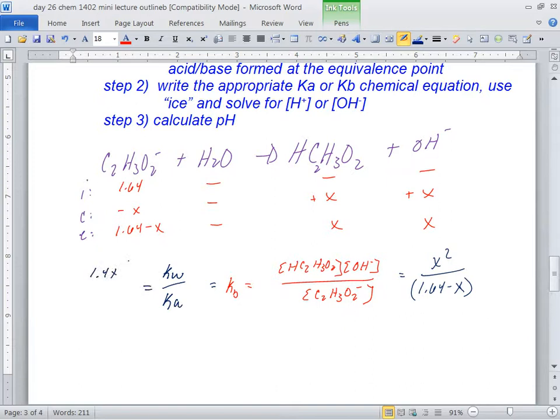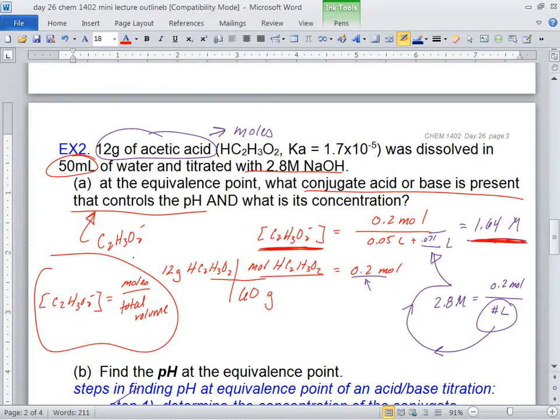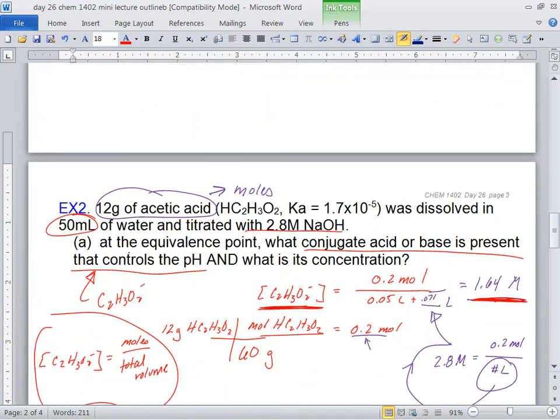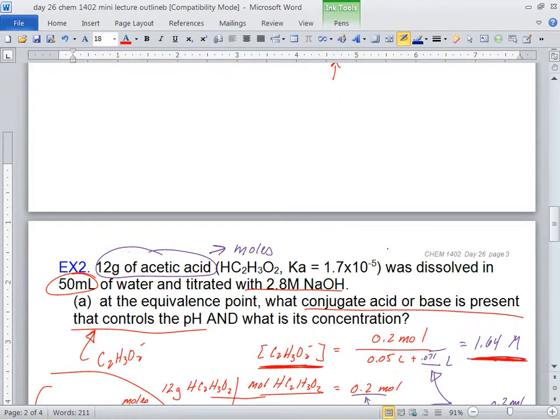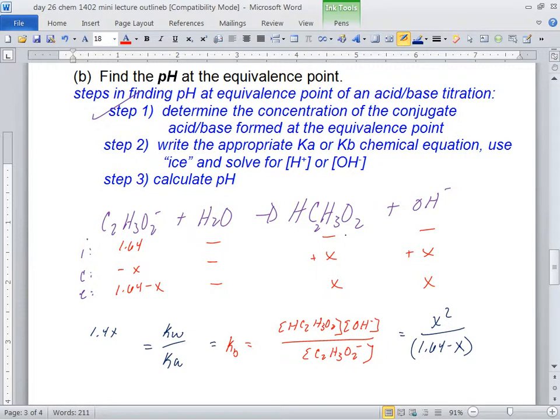1.7 times 10 to the negative 5 is Ka. Kw is 1 times 10 to the negative 14.